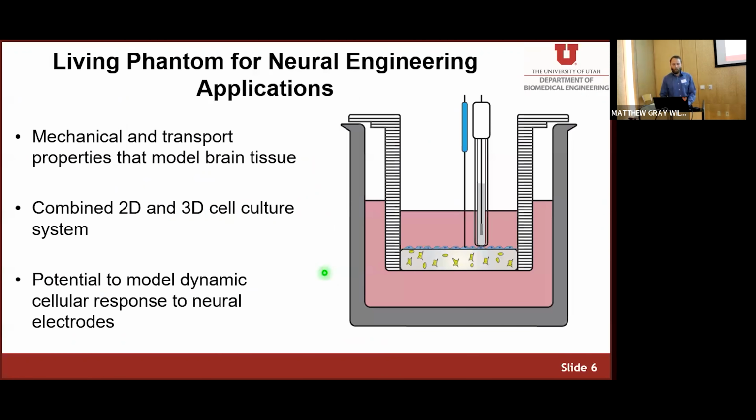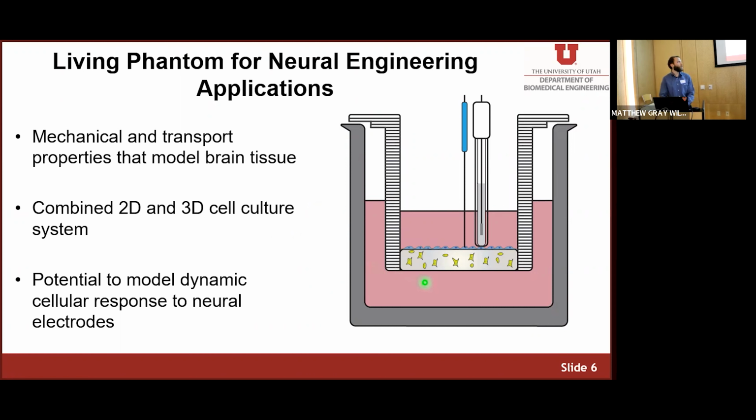And so what we're proposing to do is to use this technology to develop what we're calling a living phantom, specifically for neural engineering applications and to help prototype these new electrodes made of flexible materials. And so one of the first steps is to match the mechanical and chemical transport properties of the hydrogel to reported values for brain tissue. And then eventually we want to incorporate both a 2D and 3D cell culture system into the hydrogel.